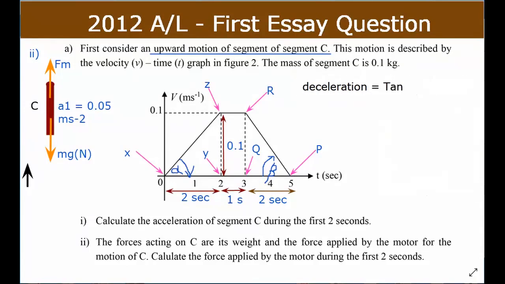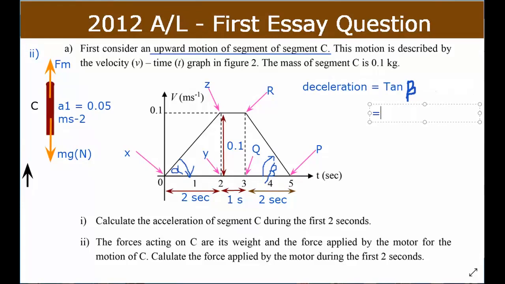Deceleration equals tan beta. I have written beta in very big size. So how do you find tan from this PQR triangle, Lamai? Somebody please tell me. Which side divided by which side?